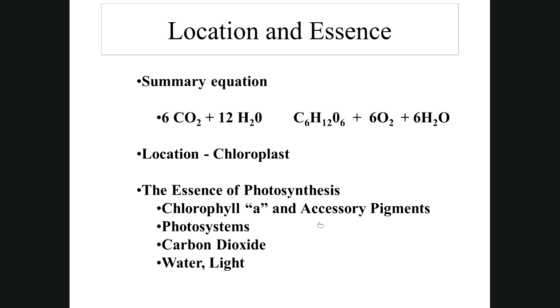They're going to be chlorophyll B, one called carotene, C-A-R-O-T-E-N-E, that's going to be an orange pigment, and then xanthophyll, X-A-N-T-H-O-P-H-Y-L-L, which is a yellow. There'll be two photosystems, photosystem 1 and photosystem 2, and we'll look at those as we go through this process. Carbon dioxide and water are the raw materials that are used, and you've got to have light. The source of light outside is going to be the sun.